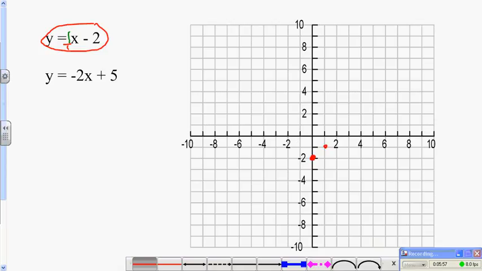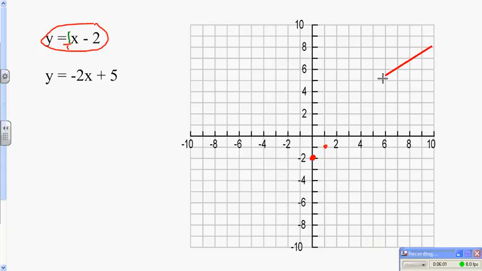That's going to be your line. Next one, you have a 5 intercept and a -2/1 slope, so down 2 to the right 1.